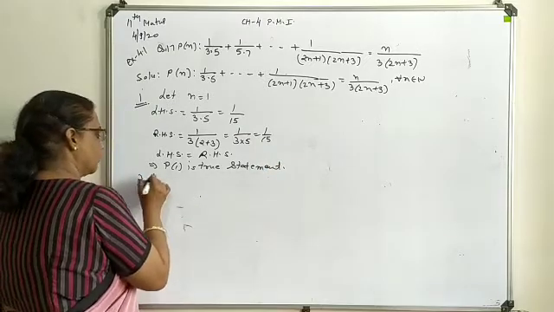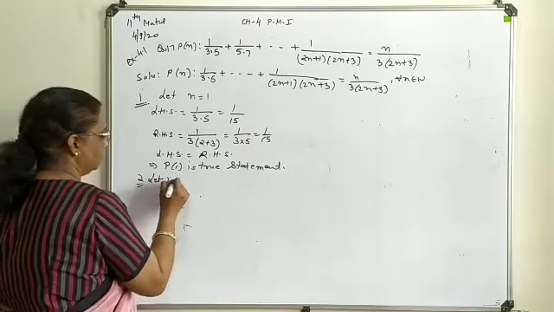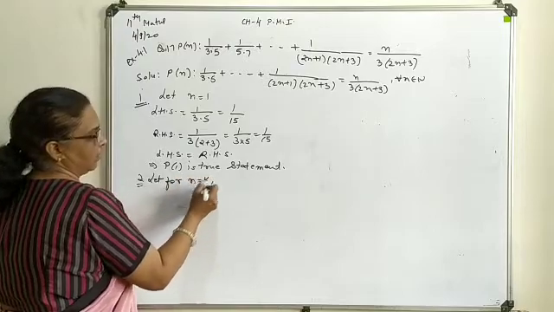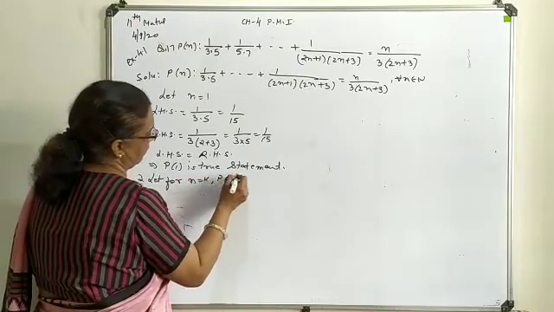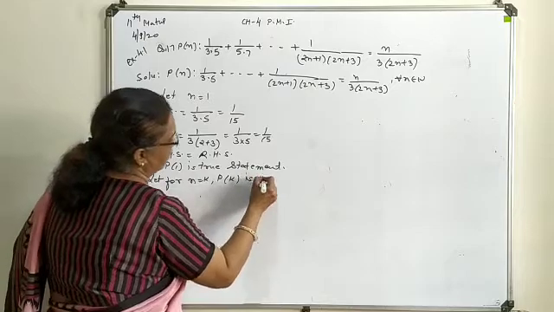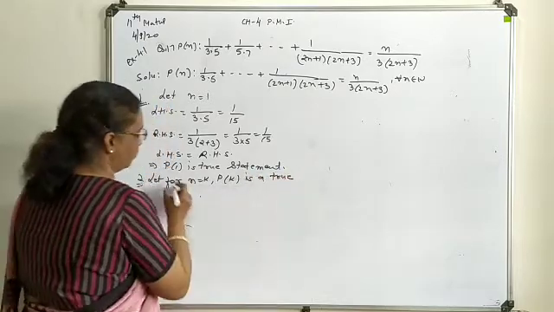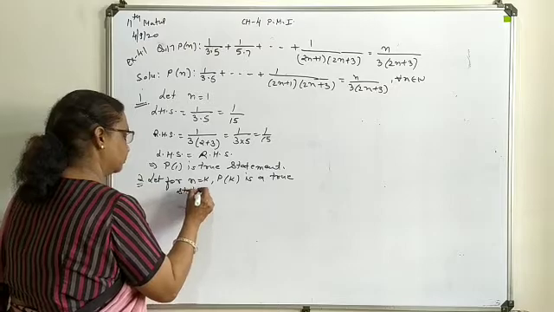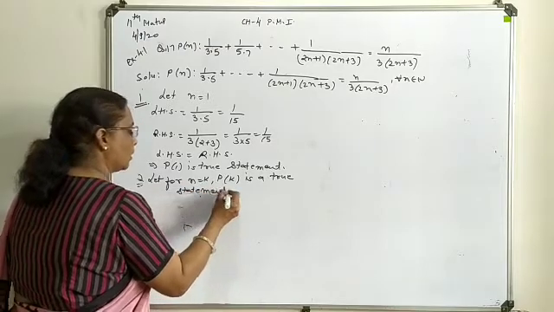Secondly, let for n is equal to k, pk is a true statement.